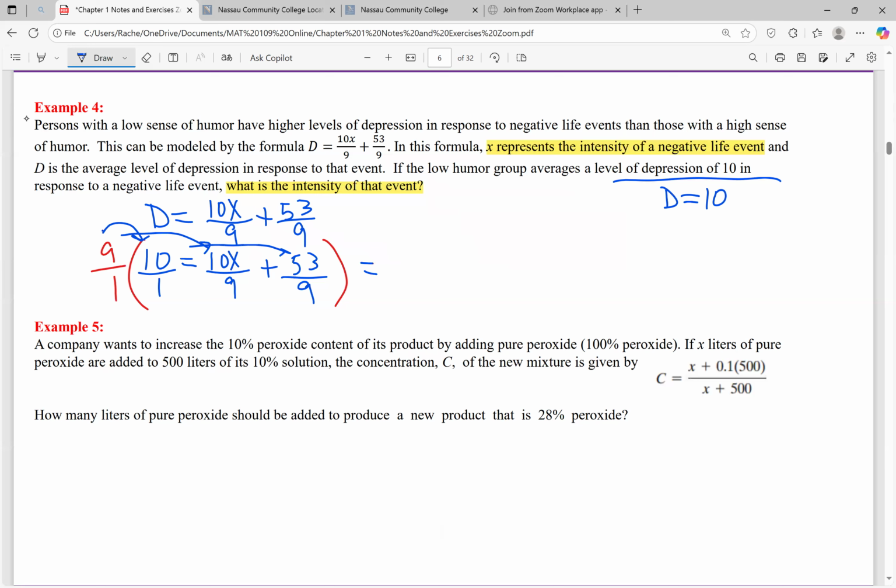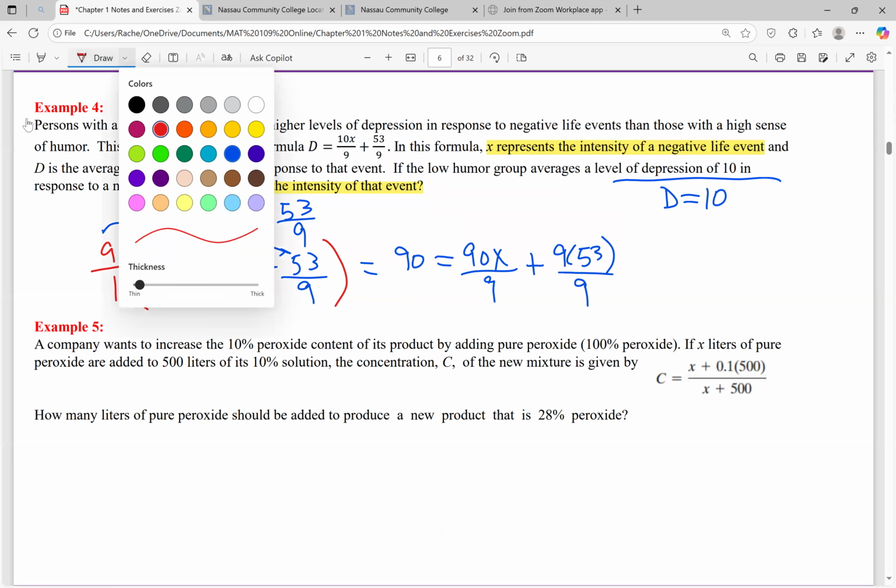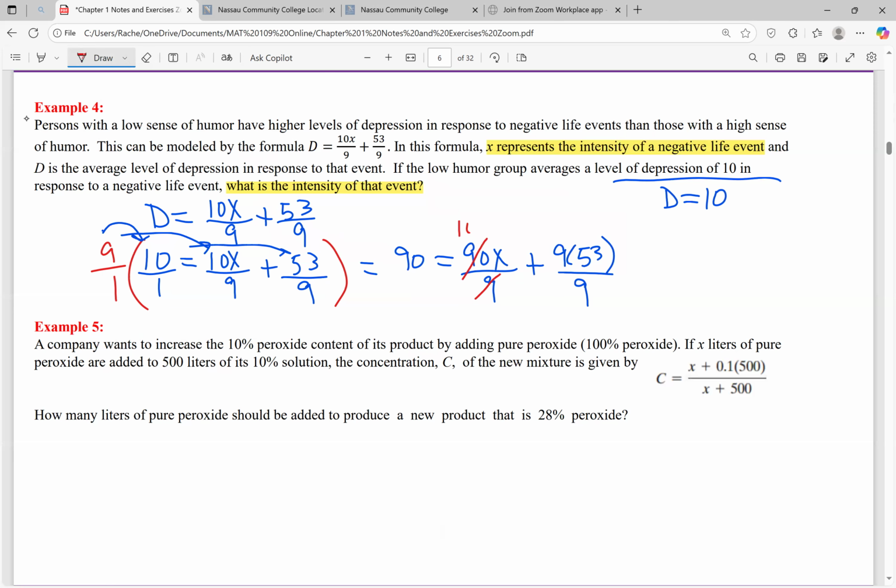We're going to have 9 times 10, which is 90, over 1, so just 90, equals 9 times 10x, which is going to be 90x over 1 times 9, which is 9, plus 9 times 53, which instead of multiplying that out, because that's a large number, I'm just going to leave as 9 times 53, over 1 times 9, which is 9. And now you'll see we could reduce, right? So 9 into 90 goes 10 times, and 9 into 9 goes once.